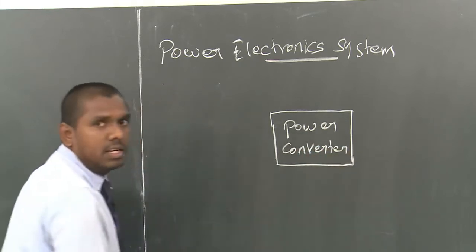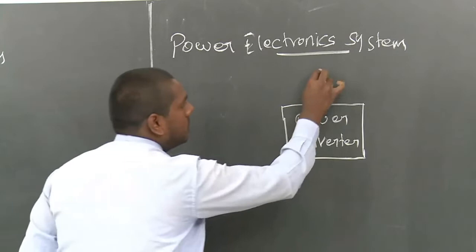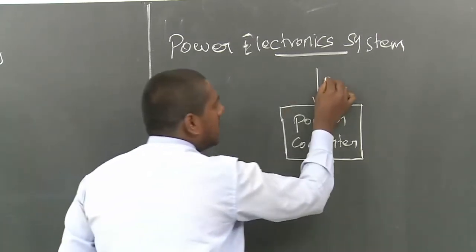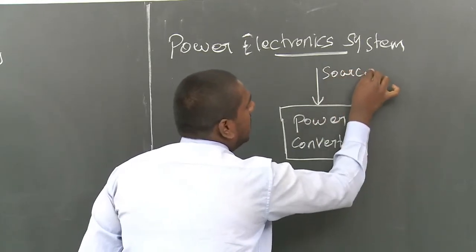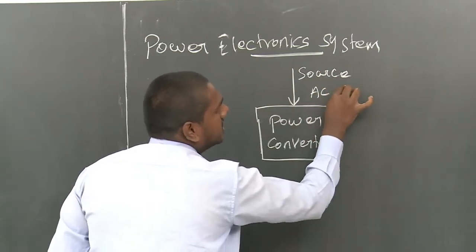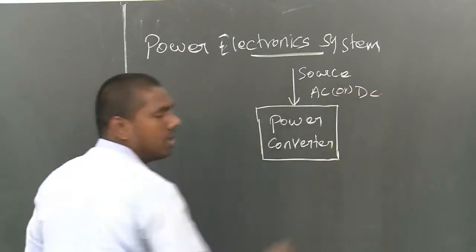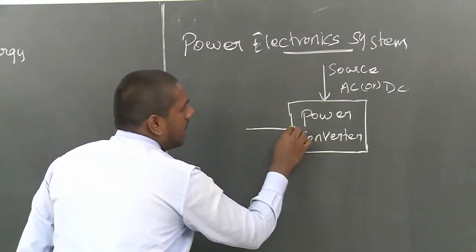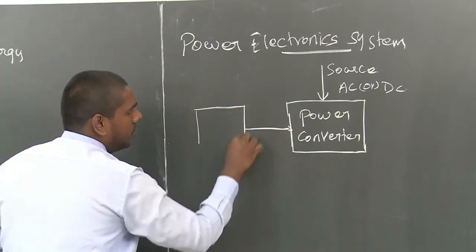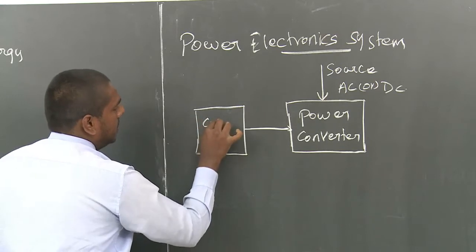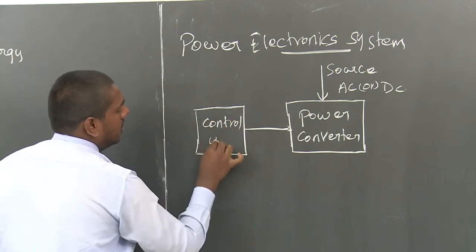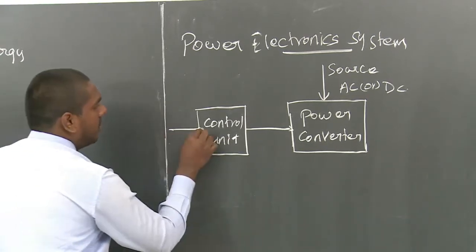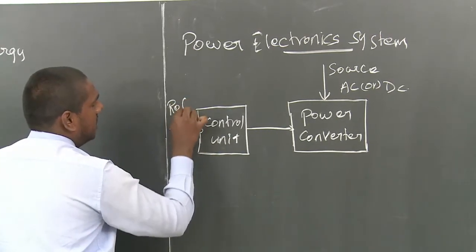This power converter is operated using the source, that is named the electrical source. The electrical source is normally AC or DC. The power converter is controlled by using the control unit. The control unit's input is a reference signal.